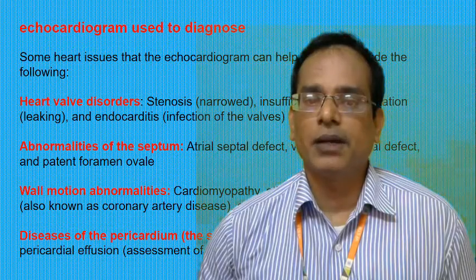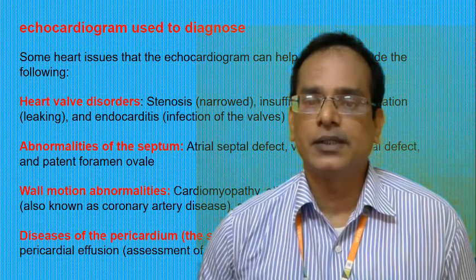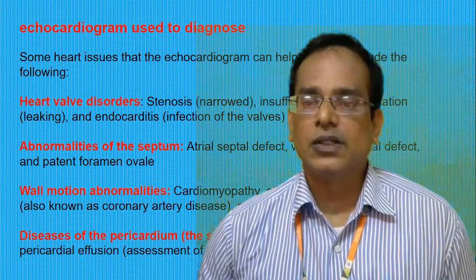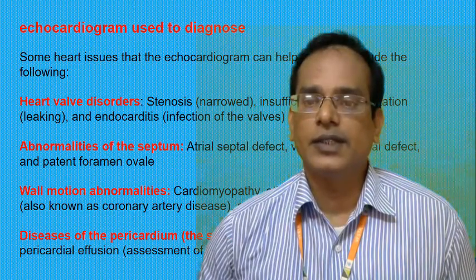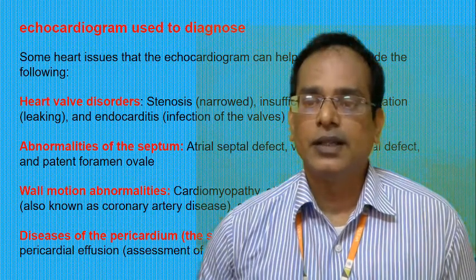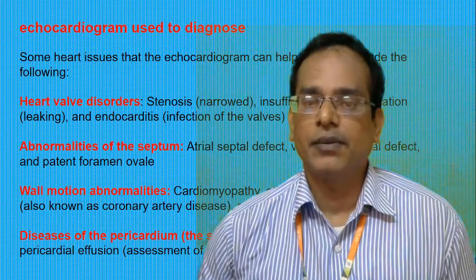Second one is abnormality of the septums. We can view it with the help of echocardiogram: atrial septal defect, ventricular septal defect, and also patent foramen ovale. Third diagnosis application is wall motion abnormalities. Cardiomyopathy can be viewed. Atherosclerotic heart disease, also known as coronary artery disease, can be viewed.